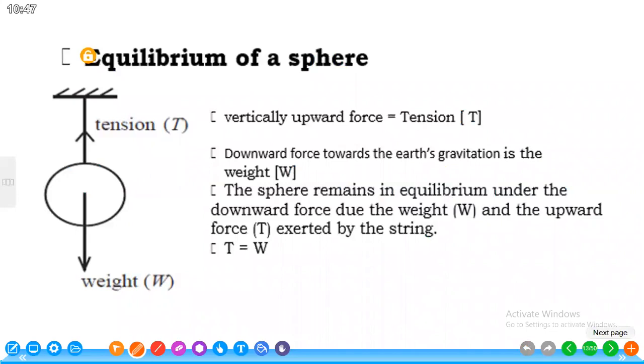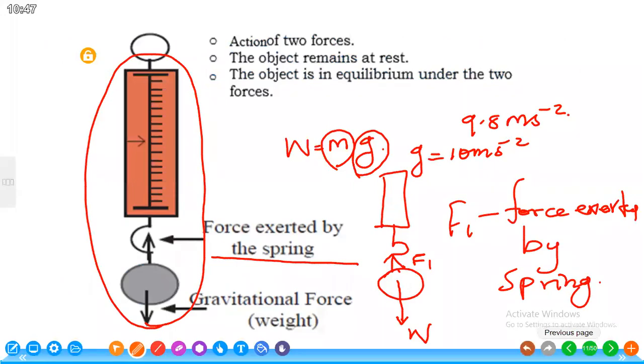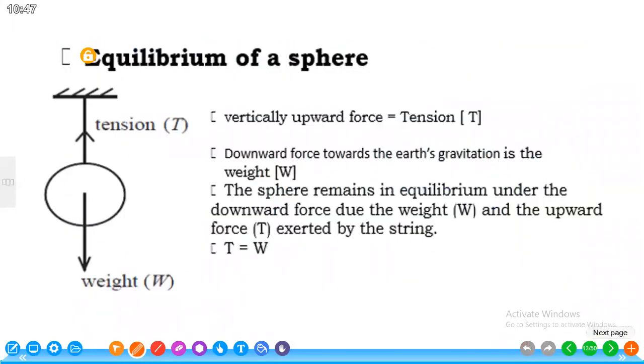First we observe equilibrium of an object, and second equilibrium of a sphere. Here the two kinds of forces acting are tension and weight.